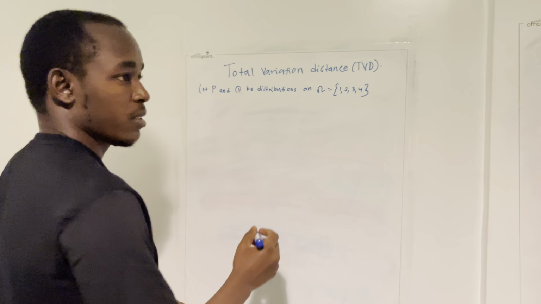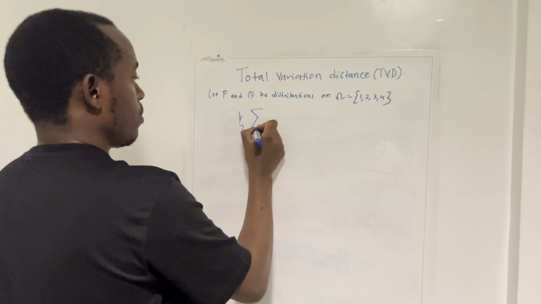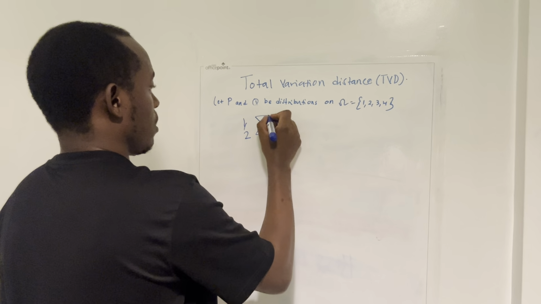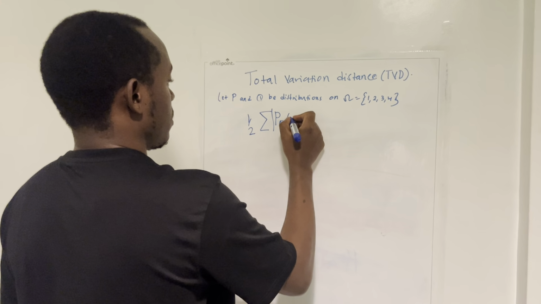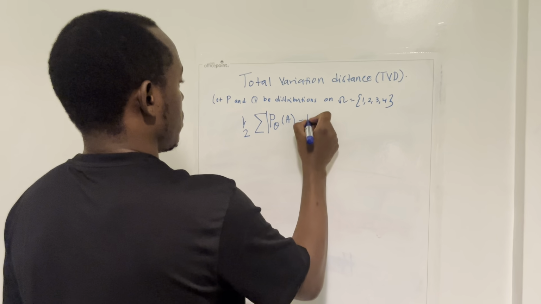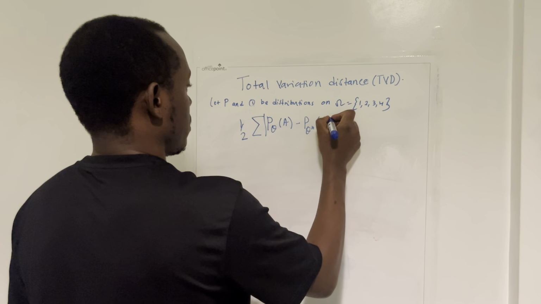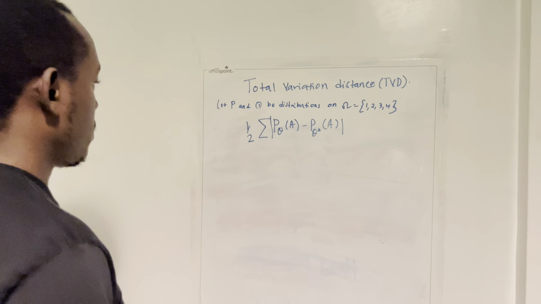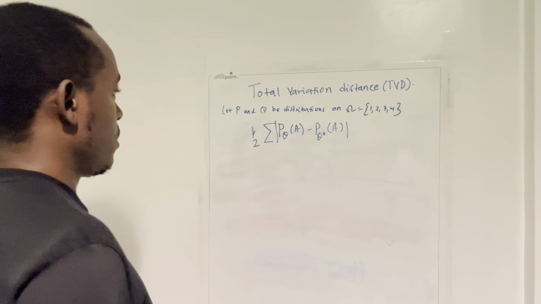The formula is a half into the probability under theta of an event, let's say an event A, minus the probability under theta star of the event A. Yeah, that's the formula.